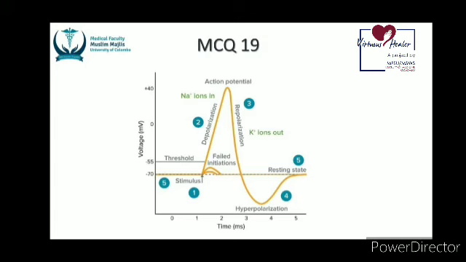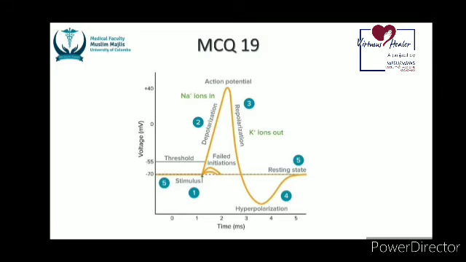During depolarization phase, sodium ions move into the cell. And during repolarization phase, potassium ions are going to move out of the cell. And the hyperpolarization phase occurs due to delayed closure of potassium channels, resulting in excess movements of potassium ions out of the cell.